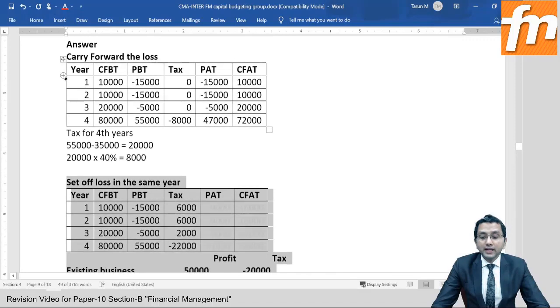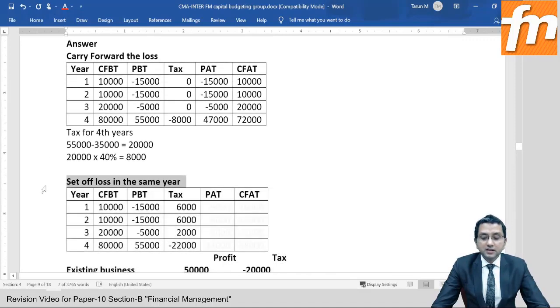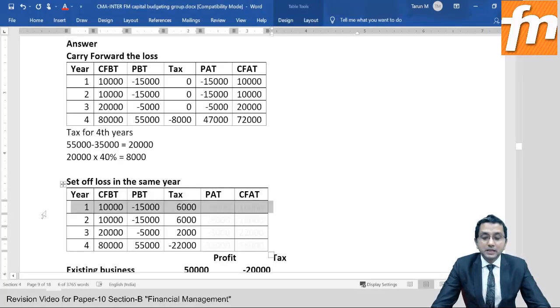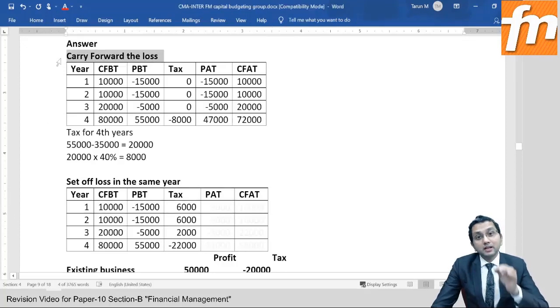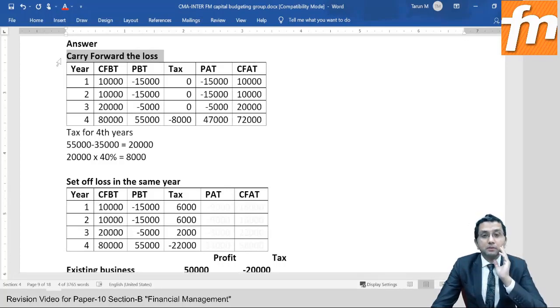So, what do you do in examination? See, if a question is silent, always assume that there is other business and hence you will set off the loss in the same year. But if the question specifically mentions that no, the company does not have any other profitable business activity, or if the question says a new company is going to start its first business, then take a hint that you don't have any other business.